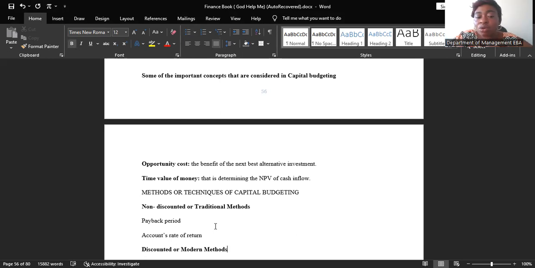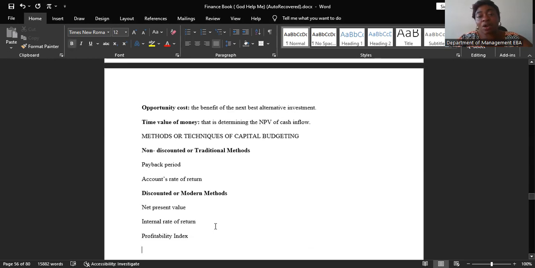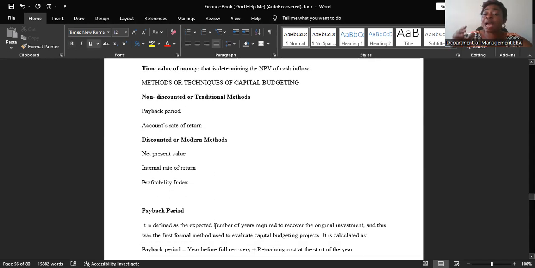Now we have the techniques for evaluating capital budgeting, or evaluating long-term projects. They can be broadly classified into traditional methods, which are normally non-discounted methods, and modern methods.